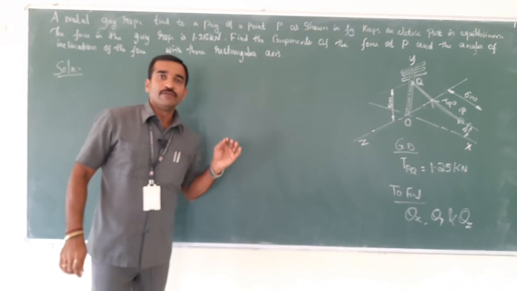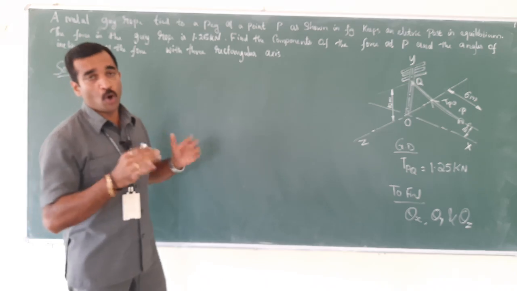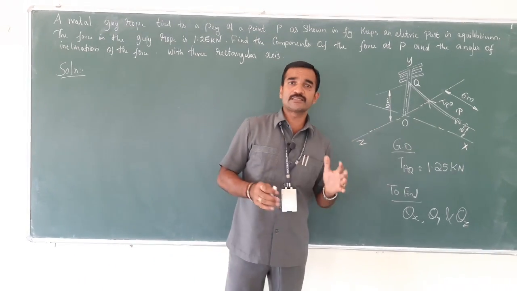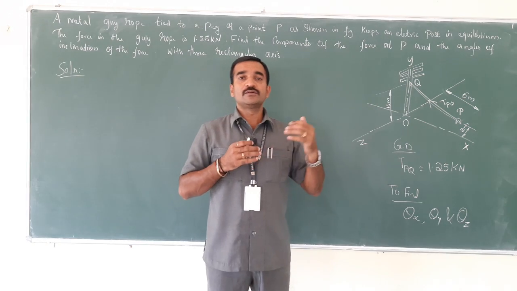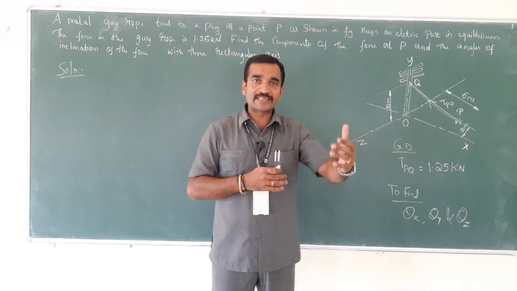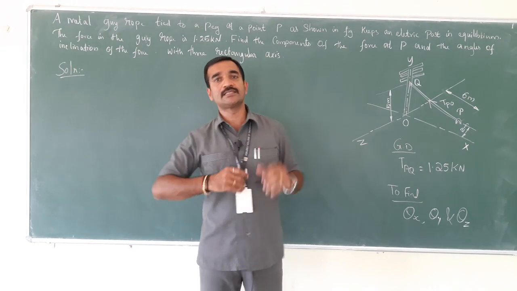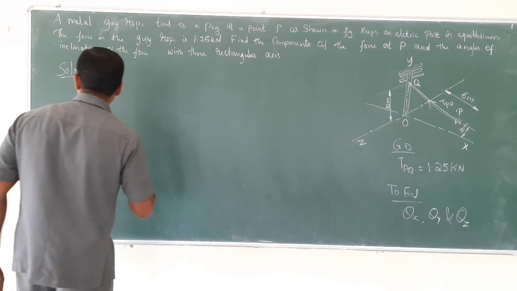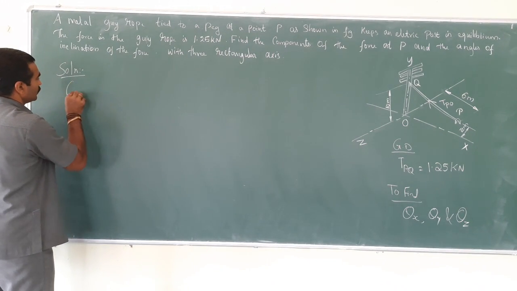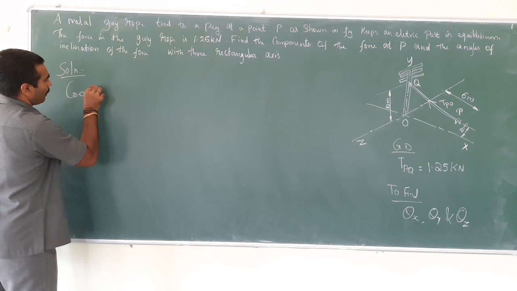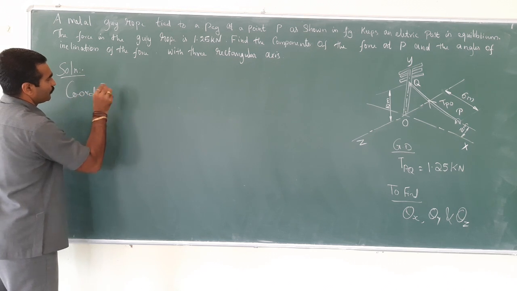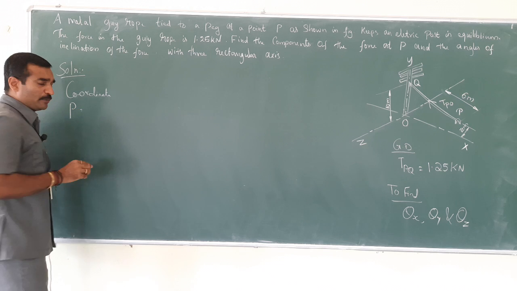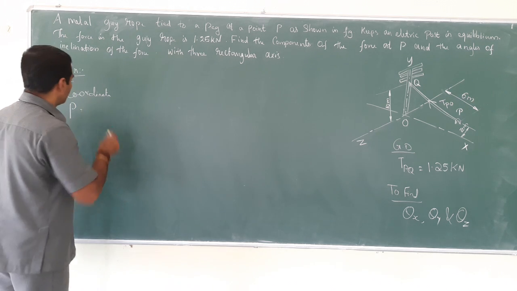To proceed, we need to know the coordinates of that particular point. The coordinates, in the sense of how much it is located from the x-axis, y-axis and z-axis. So now the coordinates of point P should be in x, y, z format.